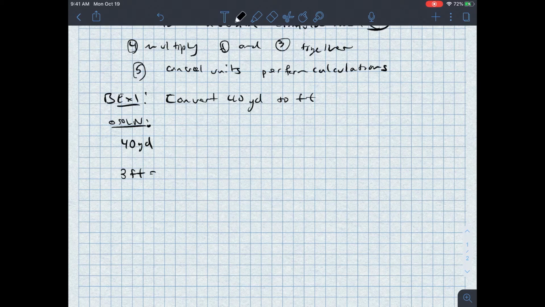So 3 feet is equal to 1 yard, which means that 3 feet over 1 yard is equal to 1. So I'm going to multiply by 3 feet per 1 yard. And then I cancel out the yards, and I'm left with 40 times 3, or 120 feet.